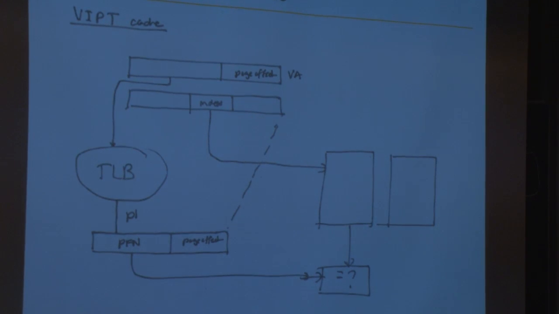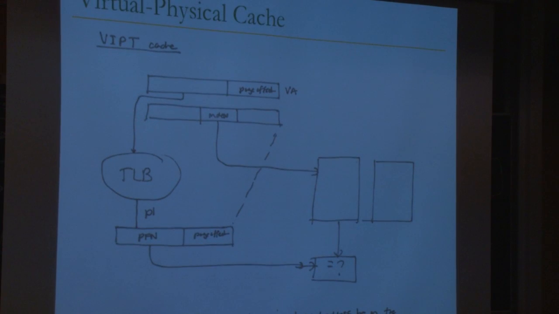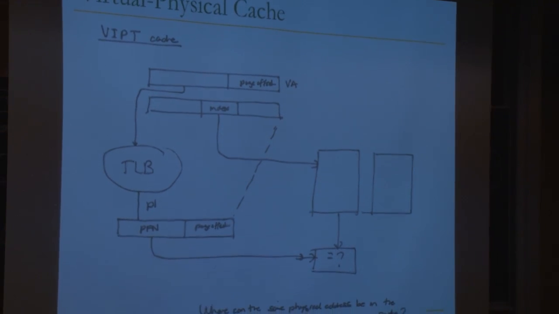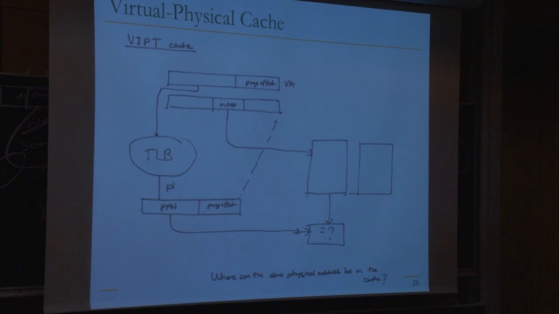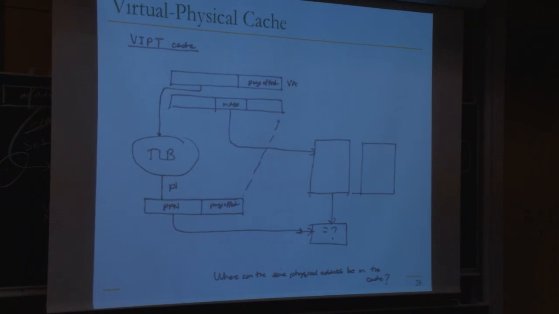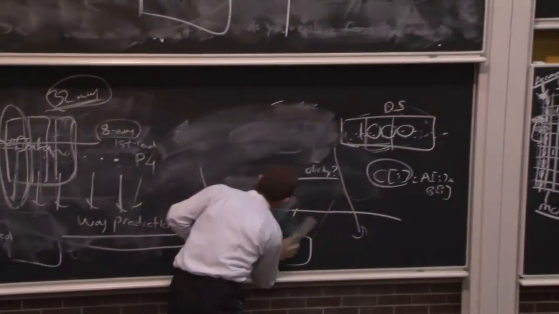So virtually indexed physically tagged cache, the idea is to try to eliminate these two problems, or the synonym problem. The idea is this. Instead of accessing your cache fully with your virtual address, let me draw this here again.